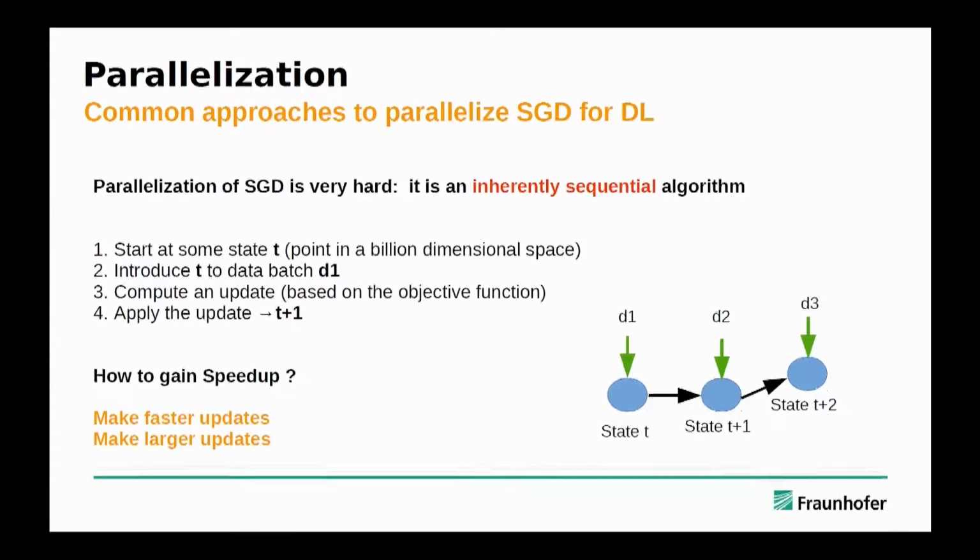Once you've moved one batch through the network, computed one gradient, made one update step, then you move the next batch, and so on and so on. The only way to speed this up is to either make faster updates or to make larger steps. Those are the only two ways to speed up this algorithm, and both of them are problematic.